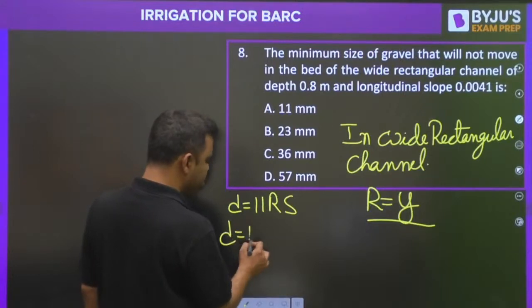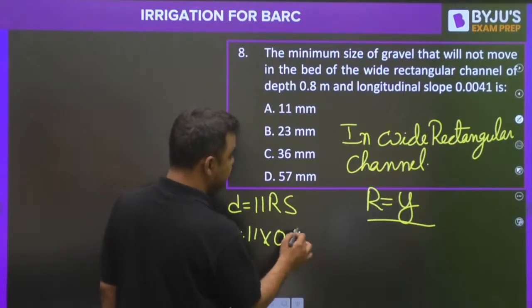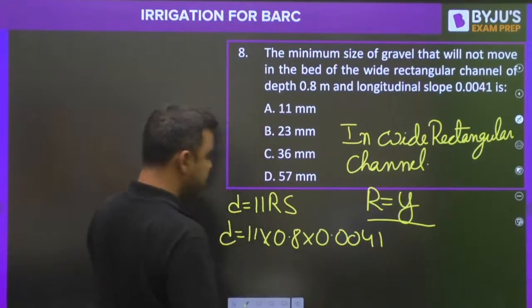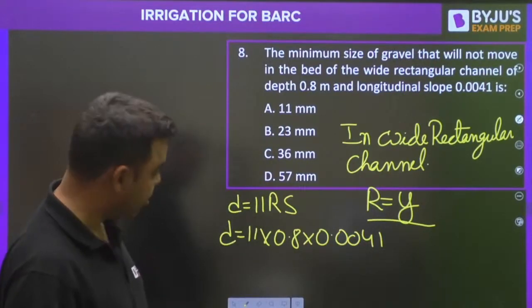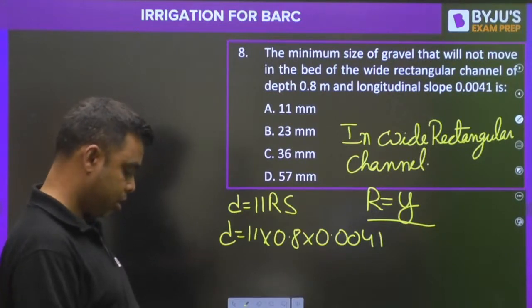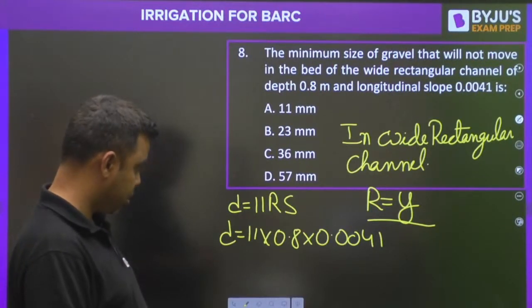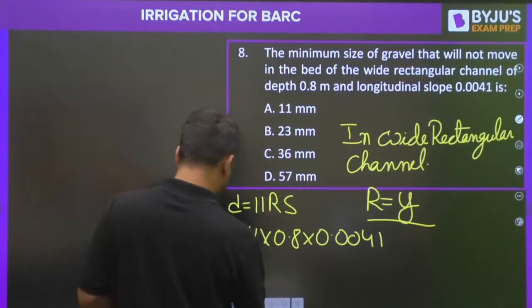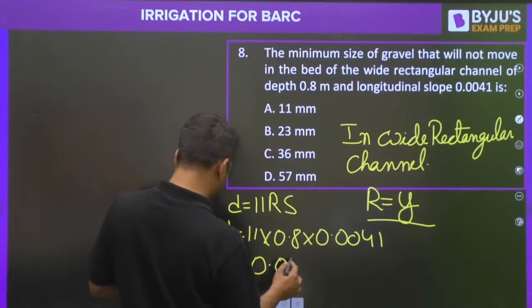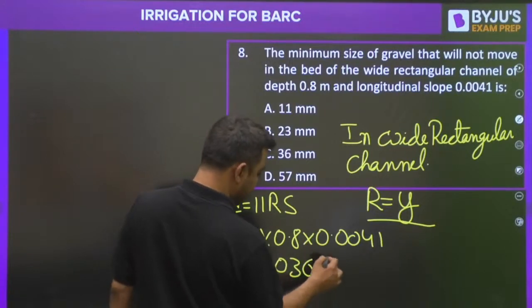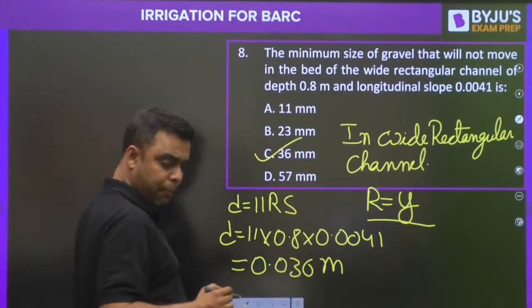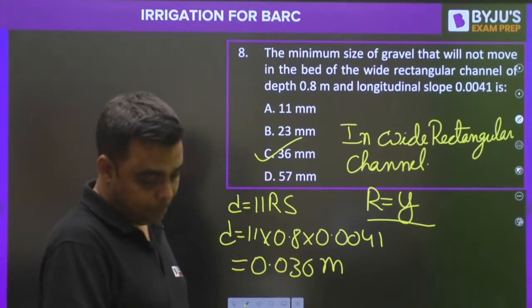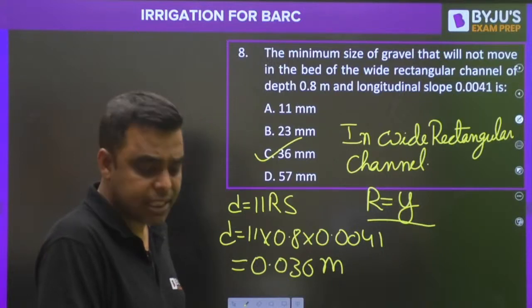So D is equal to 11 into 0.8 into 0.0041. So how much is this value coming? It is coming 0.036 meter, right? So the answer will be 36 mm.